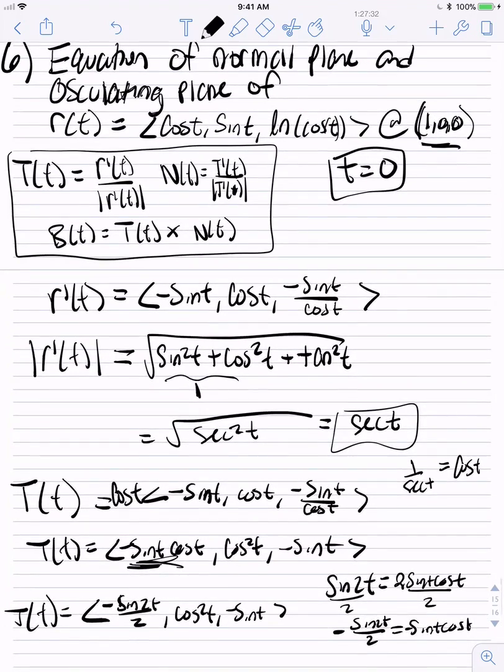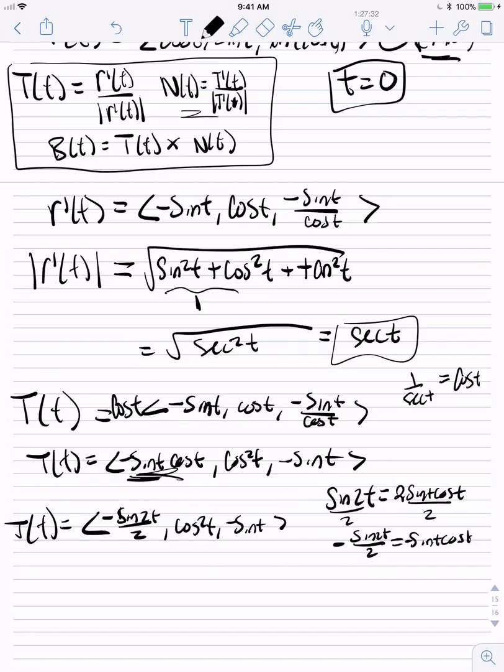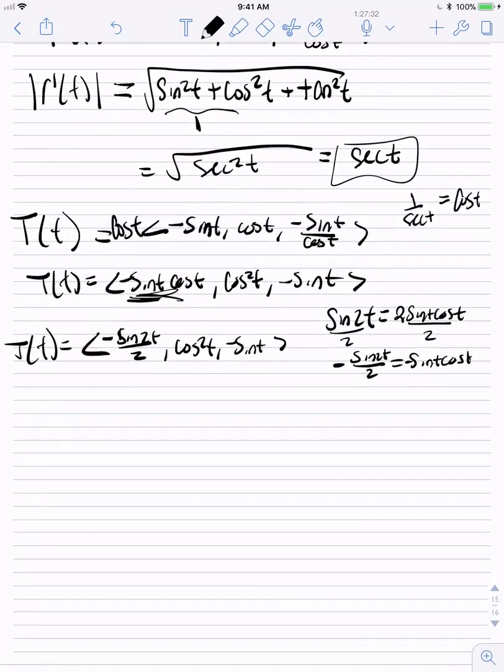but we're going to need our normal. So to get normal, we need T prime of t over the magnitude of T prime of t. So we can start by taking the derivative. So derivative of negative sine 2t over 2, we could do that on the side here. That's the same thing as saying negative 1/2 sine 2t.